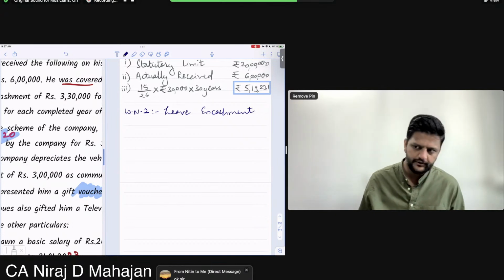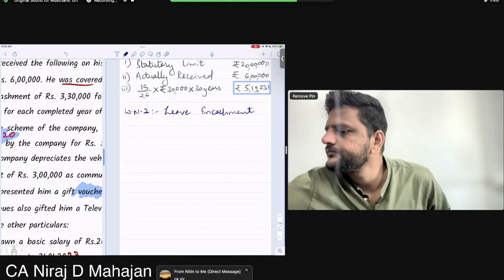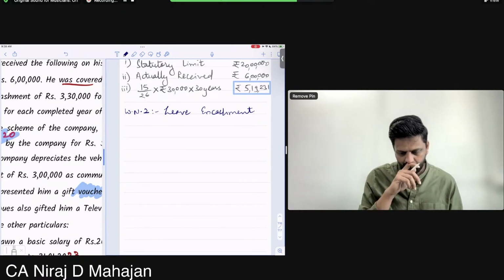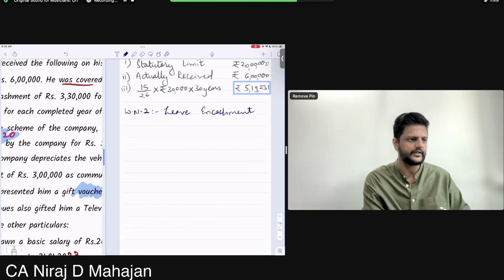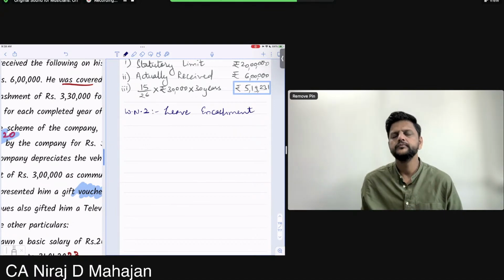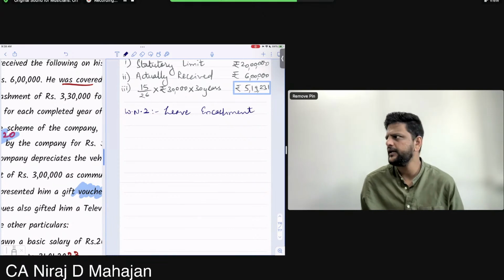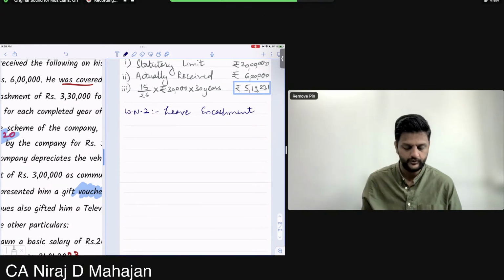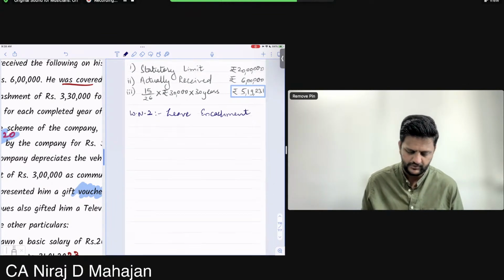Okay, everybody, let's go ahead. So statutory limit 3 lakhs, received 3 lakh 30, last 10 months salary we will find out. What is the last 10 months salary? It is HRA salary, and then leave balance divided by 30 days into average salary of the last 10 months.